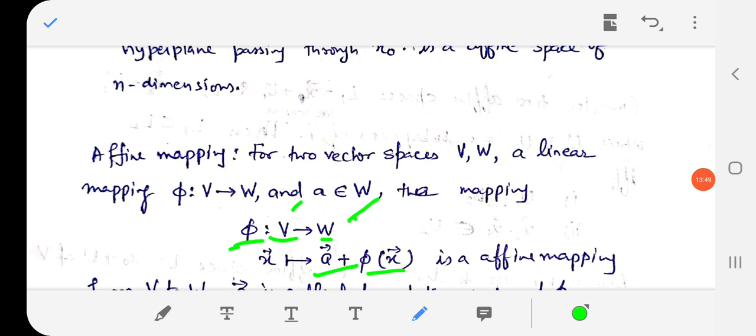But now we are actually shifting every vector of the image by vector a. Now this becomes the affine mapping, and it may not have the origin vector if there is a condition. There is a condition that we can talk about later, but if we shift it by certain vectors, then definitely it will be an affine space.